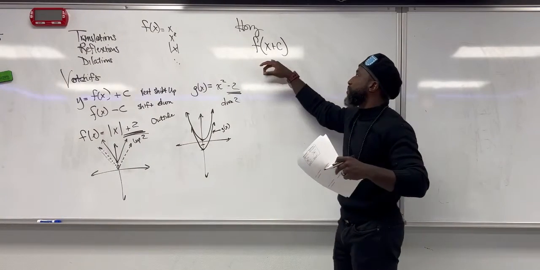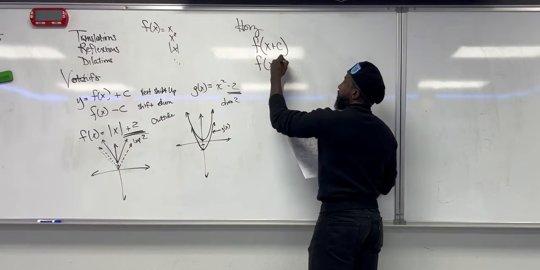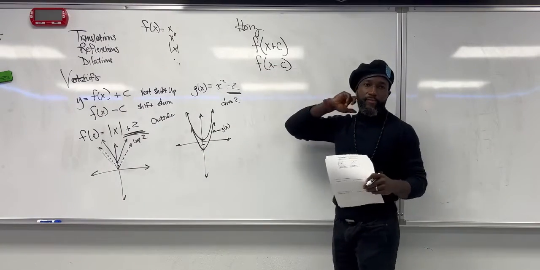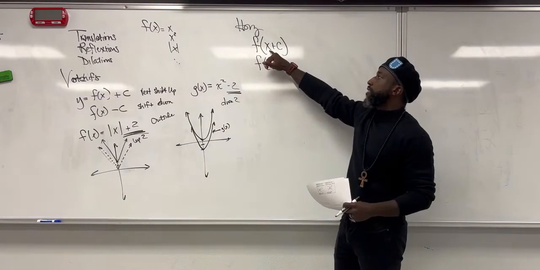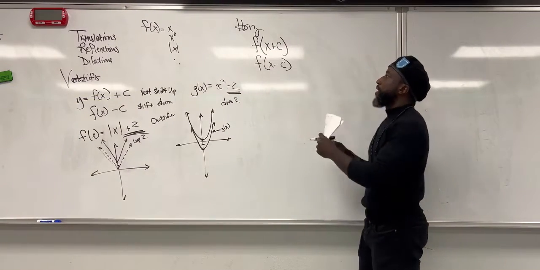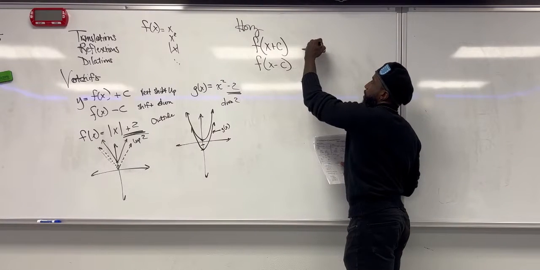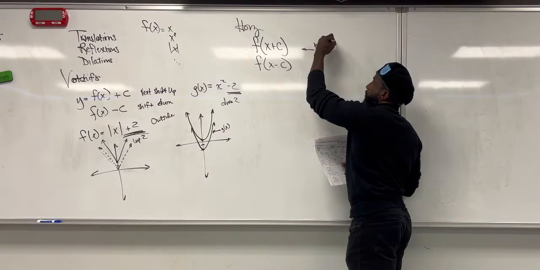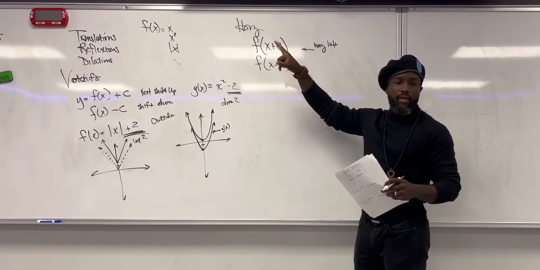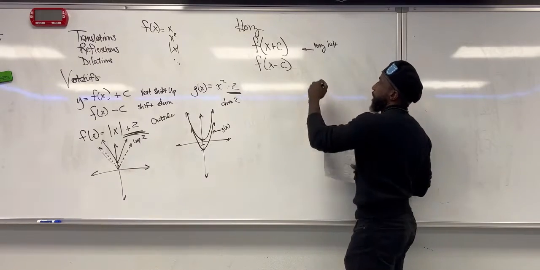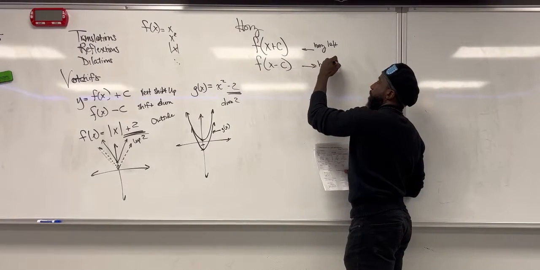So it's f of x plus c, or f of x minus c. The difference with being inside versus outside is that everything's opposite. When it's x plus c, you're moving horizontally to the left. Circle or highlight that in that box. And if it's minus c, you're going horizontally to the right.